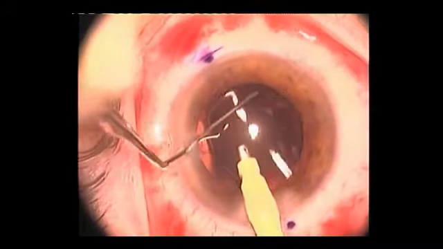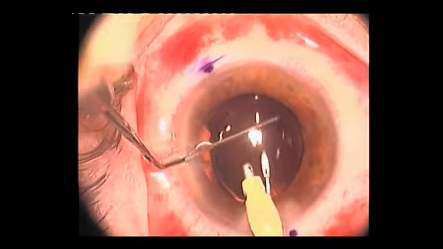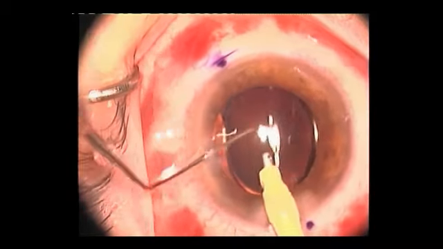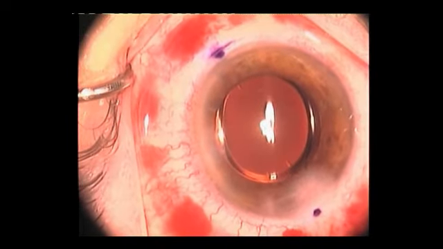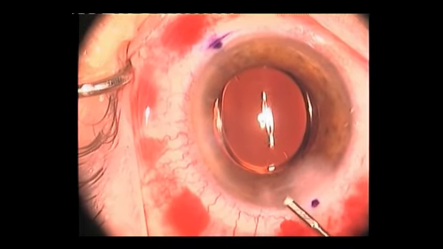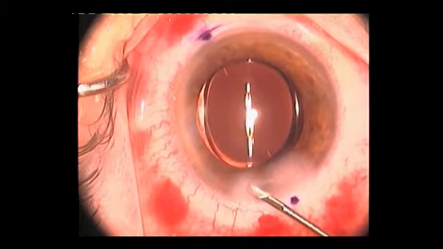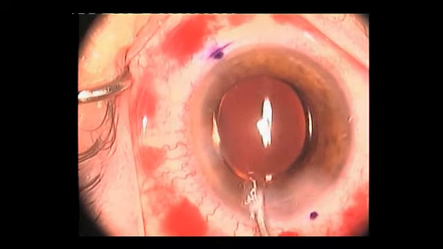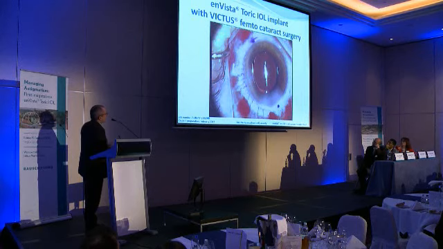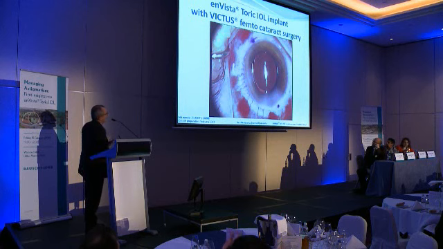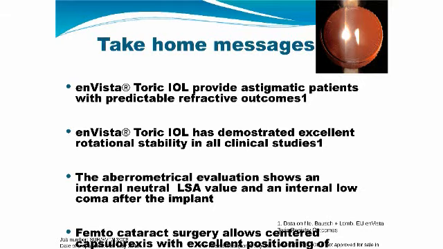It's very, very important, this step, and then align. A good hydration, and just finished. The Envista is very easy, because the unfolding is a little bit slow compared to the other lenses.